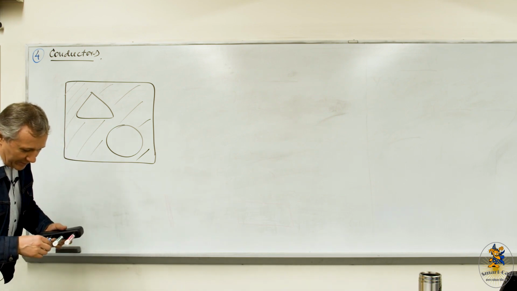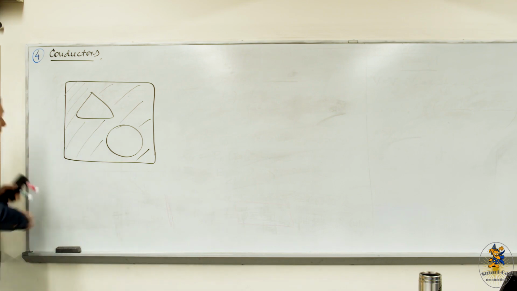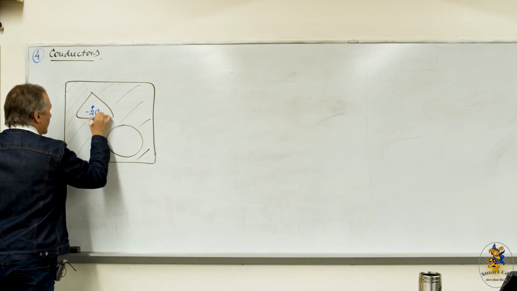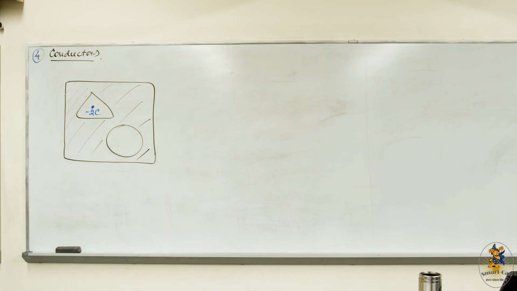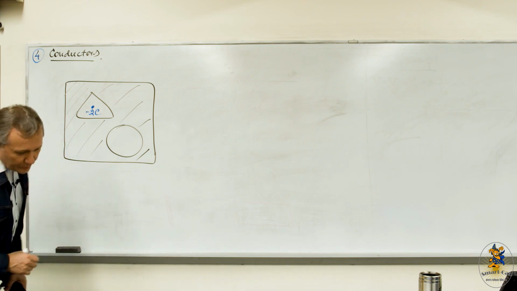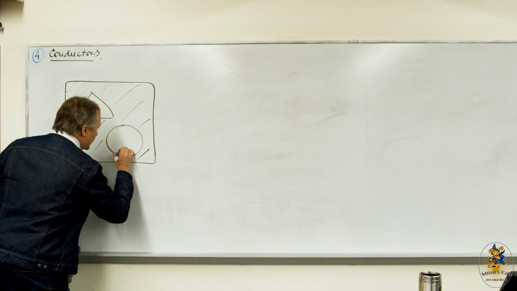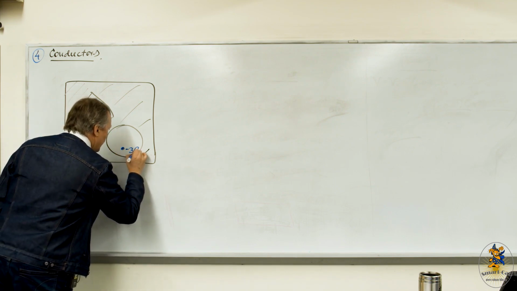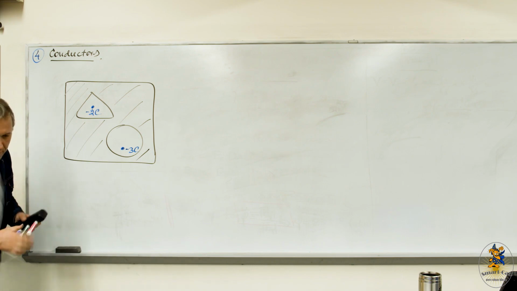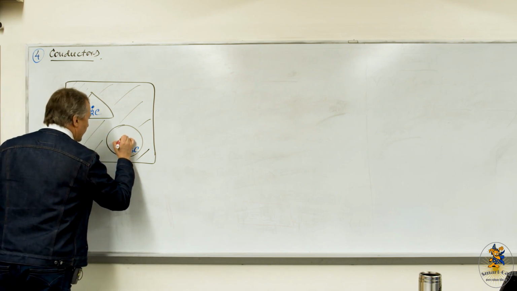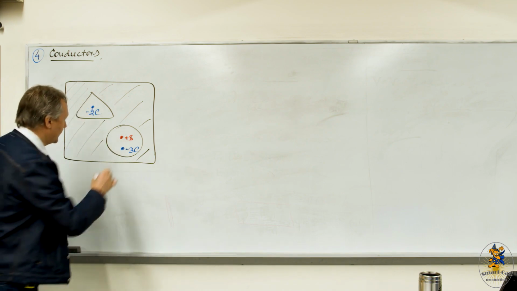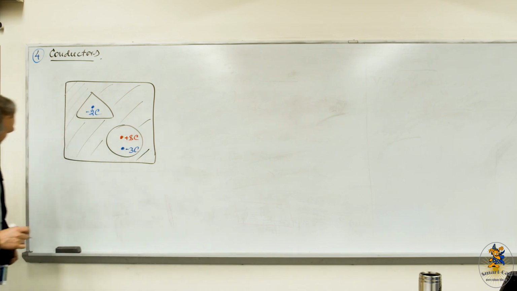So now let's dump a few charges. Negative charge over here, minus 2 coulombs. In this hole, let's assume that there are 2 charges. One is minus 3 coulombs, and this is positive, let's say plus 8 coulombs.